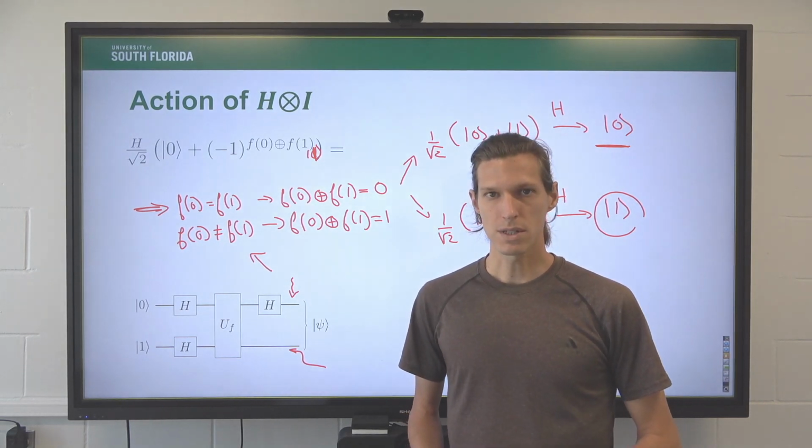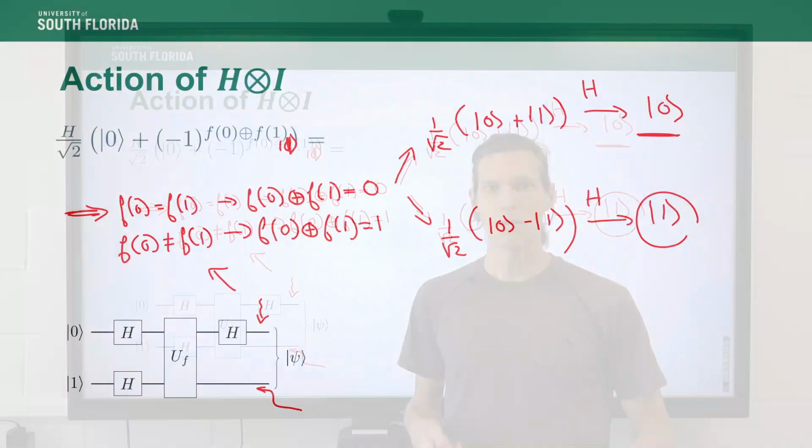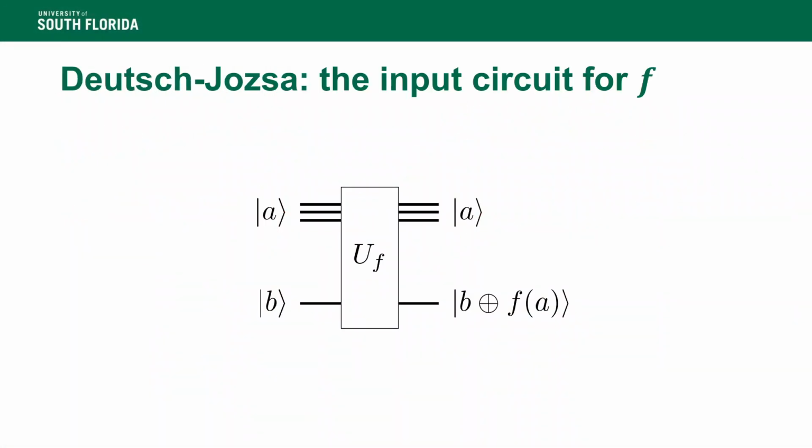We're going to do this now in more generality for an f that has an n-bit input. Since f is on n bits, we have a circuit here that generalizes the circuit for the Deutsch algorithm.